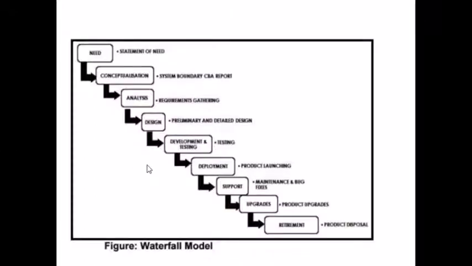So this is the waterfall model: need, conceptualization, analysis, design, development and testing, deployment, after that support, upgrades and retirement. You can see the different activities done at each phase in the waterfall model.